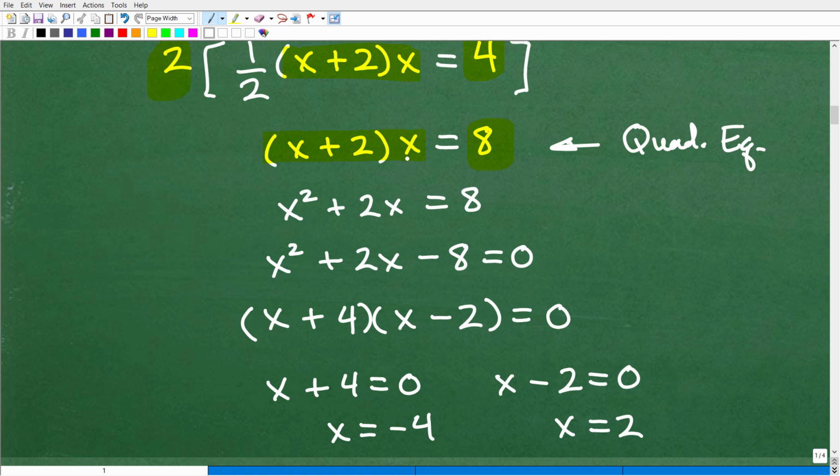First thing you want to do is just use the distributive property to multiply in, because this is not set equal to 0. If this was set equal to 0 and I had my factors, this would be much easier to do, but it's not. So I'm going to have to set the entire equation equal to 0. So x times x is x squared, and x times 2 is 2x. That's equal to 8. Now I'm going to set everything equal to 0. So I have x squared plus 2x minus 8 is equal to 0.